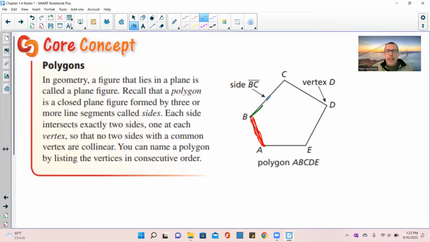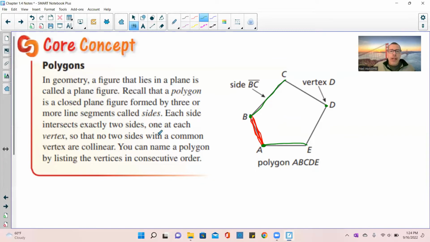Well, it's intersecting side BC and it's intersecting side AE. Every side intersects 2 others at a point called the vertex. So they're labeling D the vertex D. So side AB would intersect side AE at vertex A, and it would intersect side BC at vertex B.